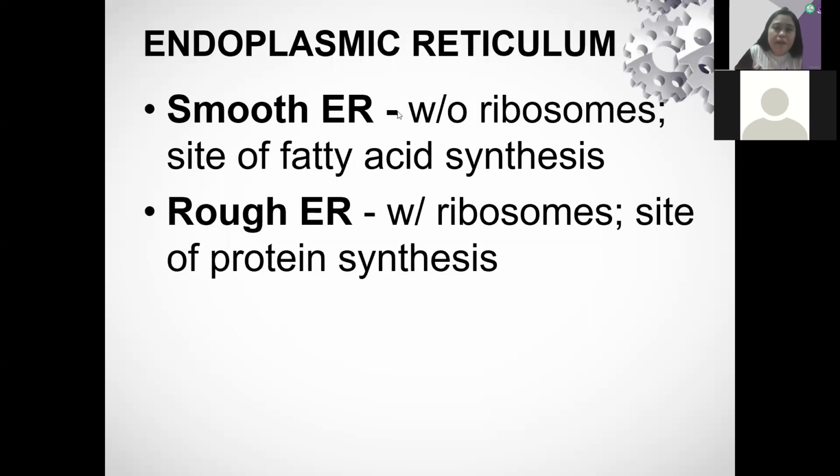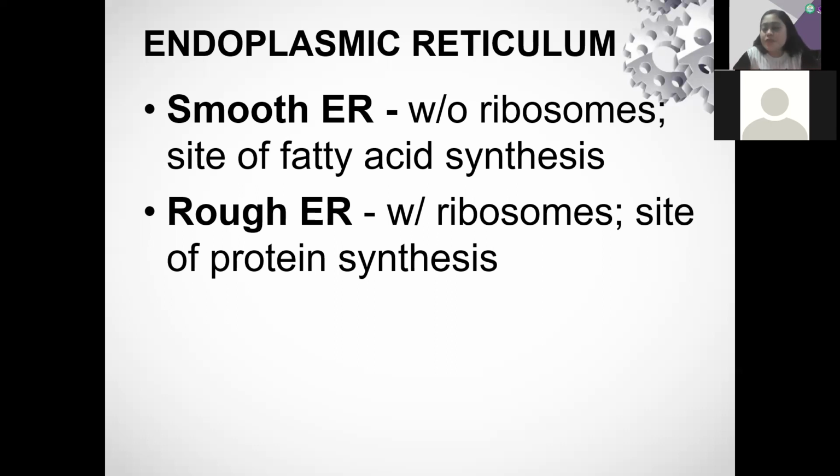Now, aside from the mitochondria, we also have the endoplasmic reticulum, and we have two types of this. The smooth ER, and the rough ER. What differentiates the two? It's just the presence of the ribosomes. The rough ER will have the ribosomes.